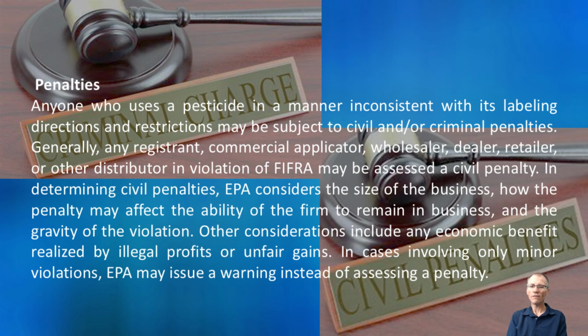In determining civil penalties, EPA considers the size of the business, how the penalty may affect the ability of the firm to remain in business, and the gravity of the violation. Other considerations include any economic benefit realized by illegal profits or unfair gains. In cases involving only minor violations, EPA may issue a warning instead of assessing a penalty.